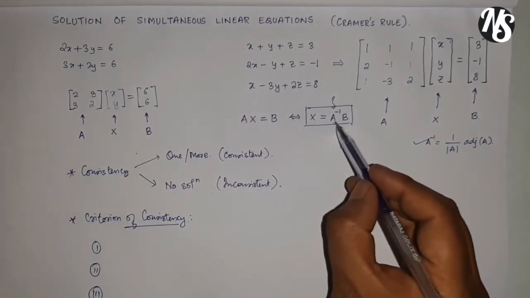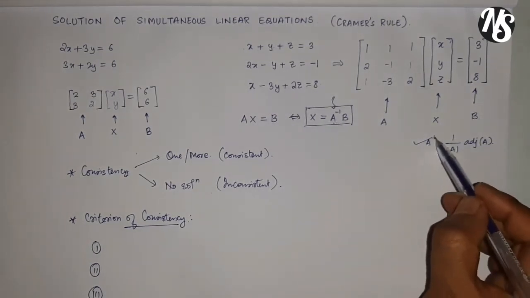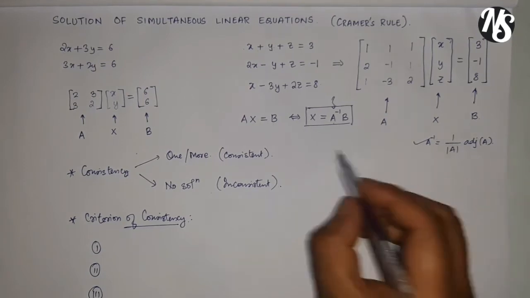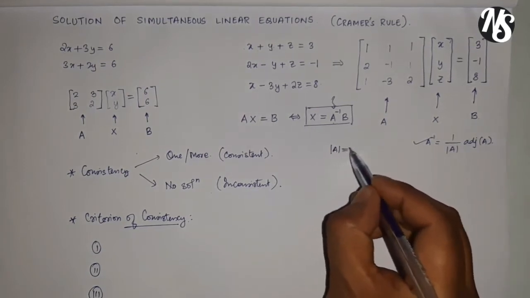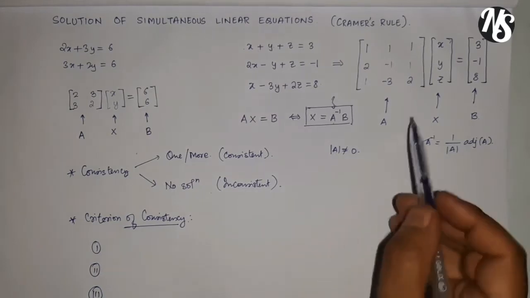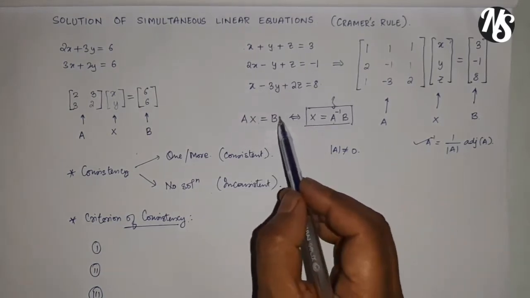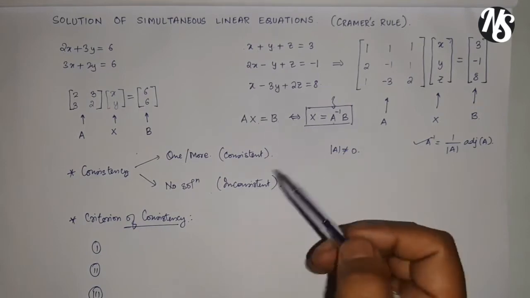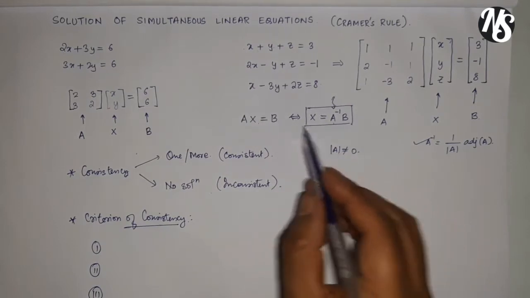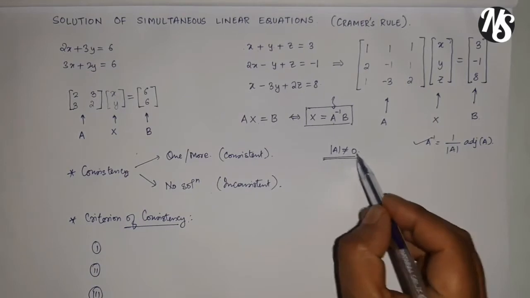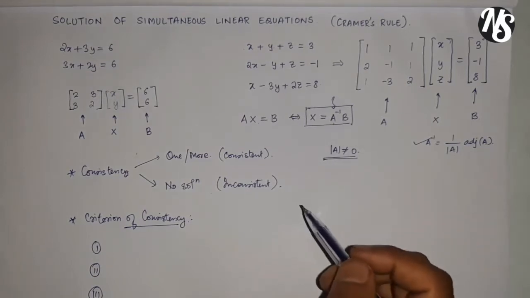Now all of you know, for A inverse to exist, determinant of A should not be equal to 0, right? For the equation AX equals B to have a solution, you need to have determinant of A not equal to 0.